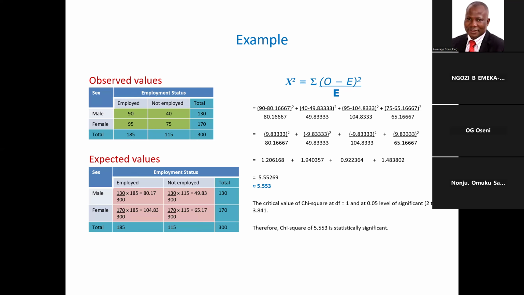The chi-square we calculated is 5.553, which is higher than the critical value of 3.841, so the p-value will be less than 0.05. That's where I was mixing up, because I know that when something is less than that, it's statistically significant. So I was wondering why this one is higher and statistical. I understand it now. This one is the critical value, the other one is the p-value.